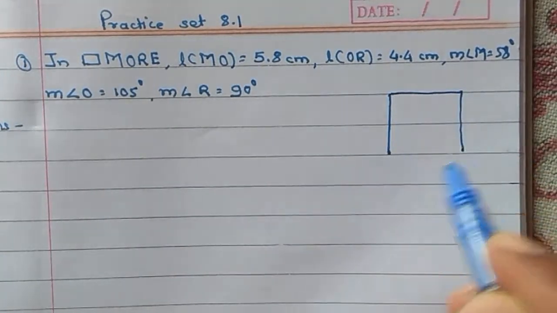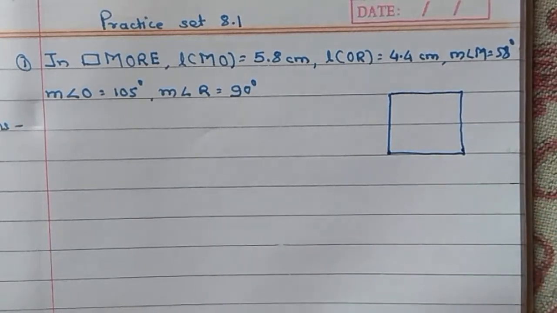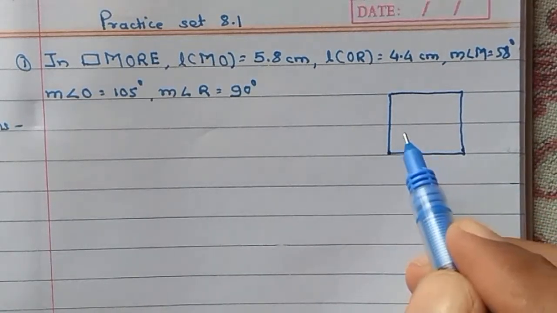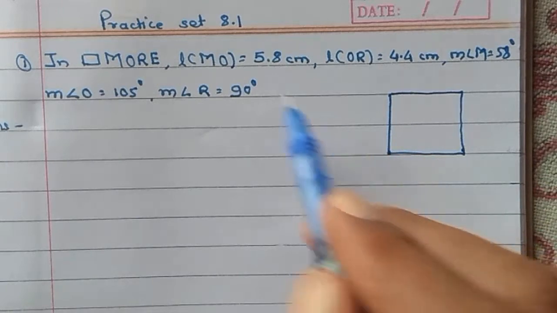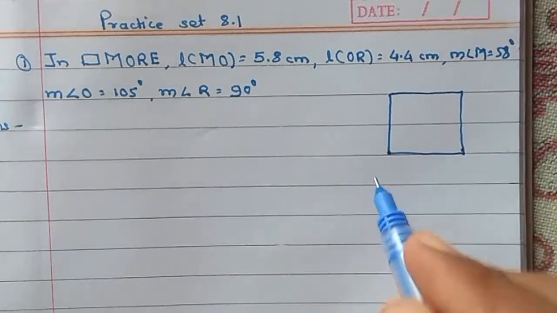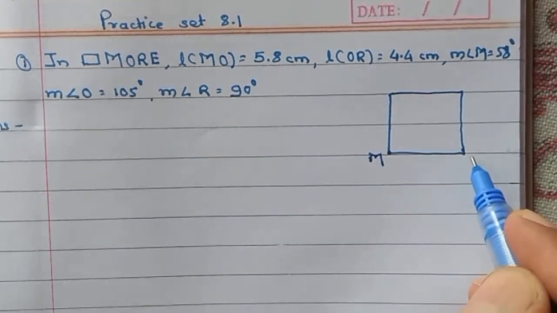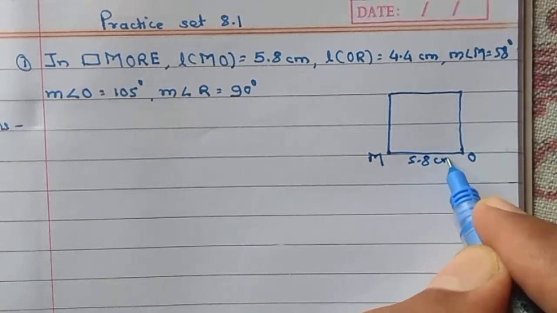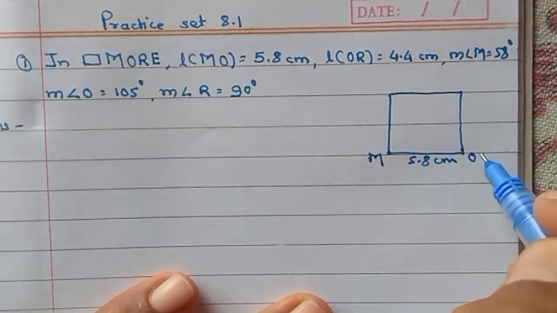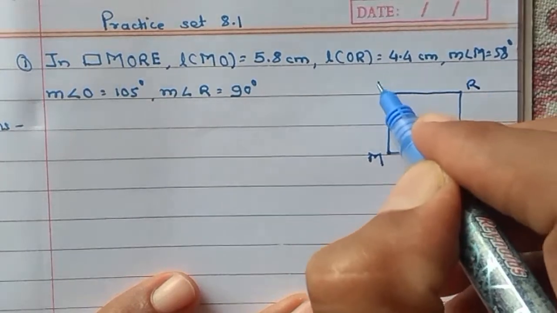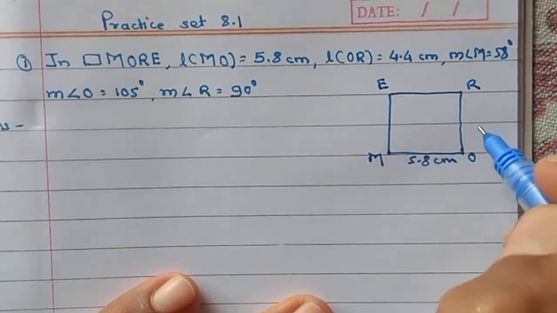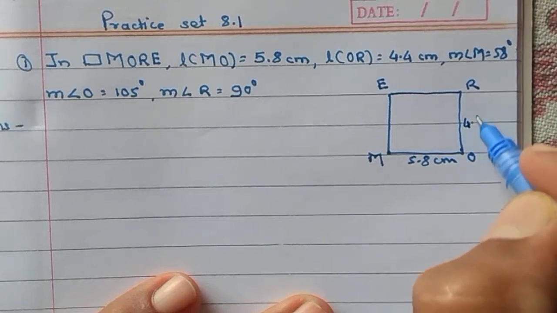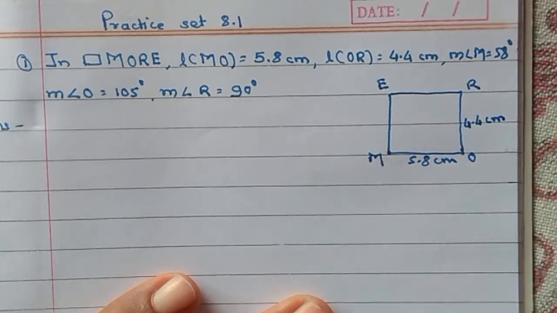Quadrilateral. Now the side we have to take as a base, that length should be given of the base. Suppose I take it as MO. Here my length is given 5.8 centimeter. MORE. Length of OR is given 4.4 centimeter.